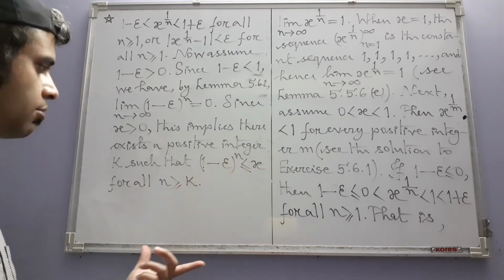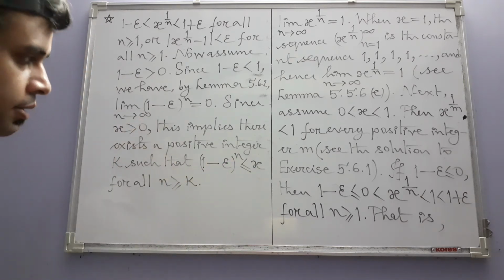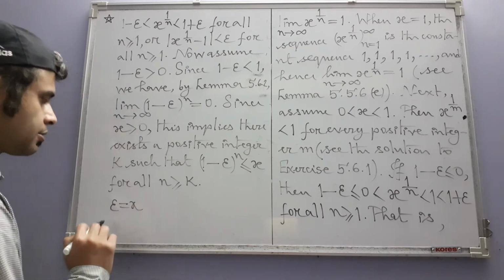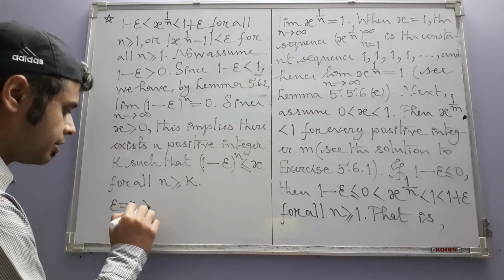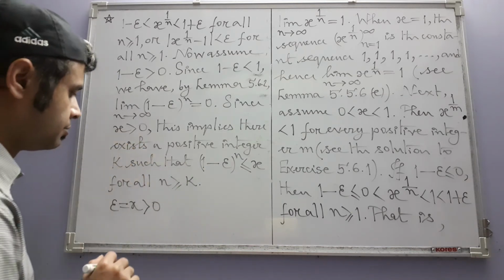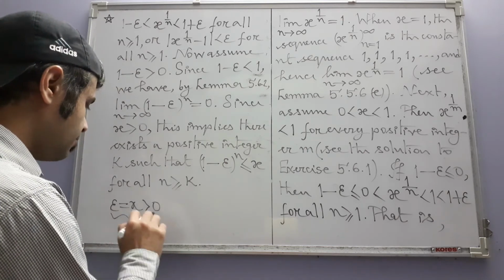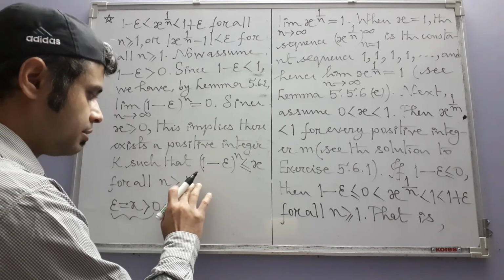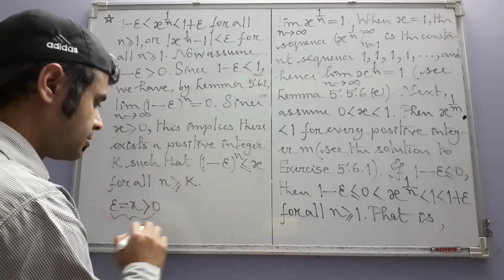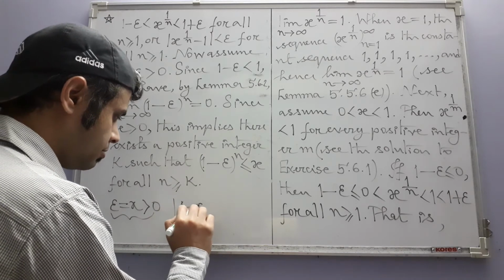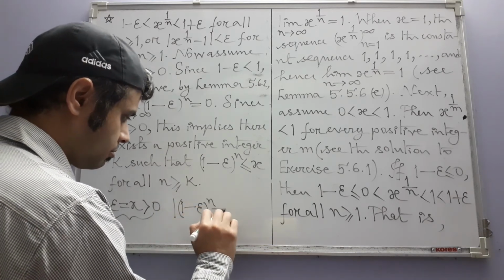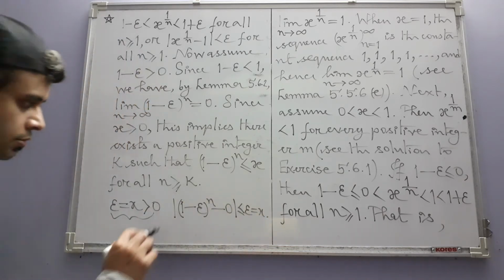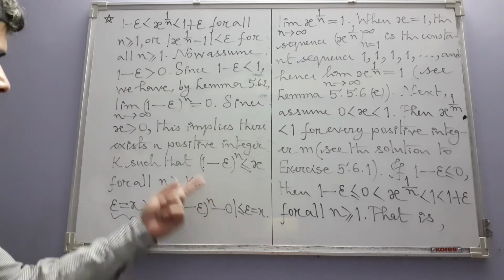How do these inequalities follow from this limit? In place of epsilon, now we are considering x because x is greater than 0. For this value of epsilon also there will be a stage such that from that stage onwards this will be true, for all n greater than or equal to k, because here the limit is 0.